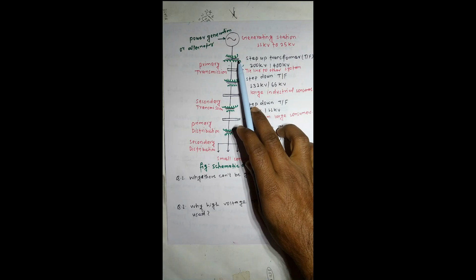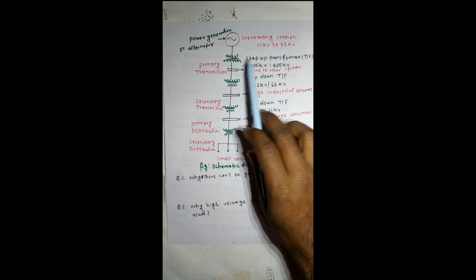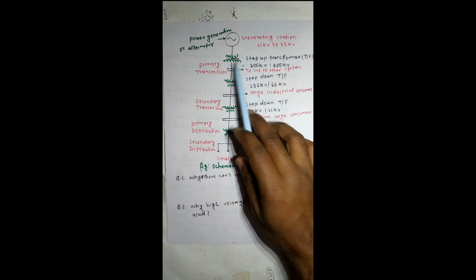Here this is a step up transformer, because the number of coils in the primary winding is less than in the secondary winding. But these three are step down transformers, because the coils in the primary winding are more than in the secondary winding. Here we can see this is your primary and this is the secondary winding.